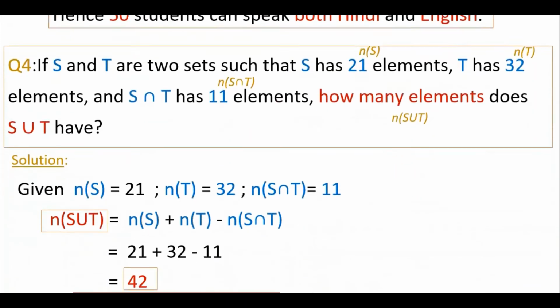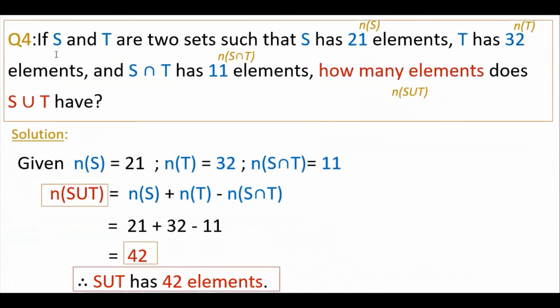And next one is the fourth problem. If S and T are two sets such that S has 21 elements, T has 32 elements, and S ∩ T has 11 elements, how many elements does S ∪ T have? So here directly given S has 21 elements. So n(S) is equal to 21, n(T) is 32, and n(S ∩ T) is 11.